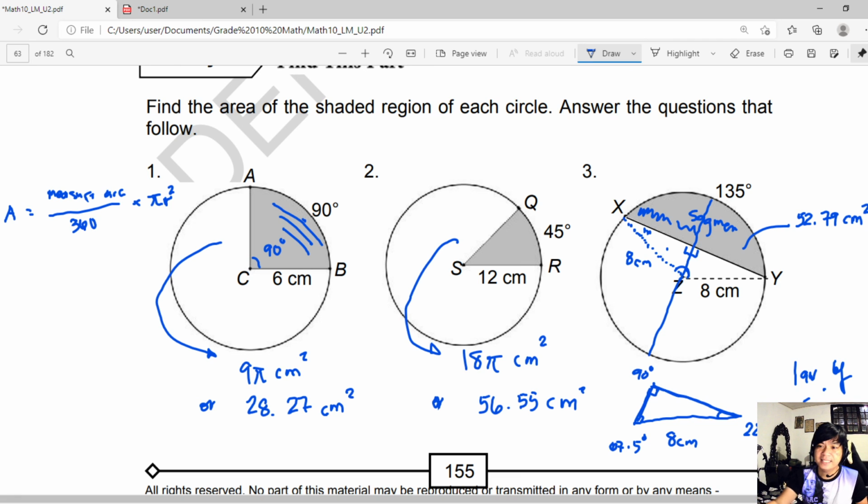Okay, so that's it. The first two examples used the sector, and this one talks about the segment. But in dealing with the segment, we also need to go back to the sector, because we subtract the measure of the triangle from the measure of the sector. Okay, that's all.